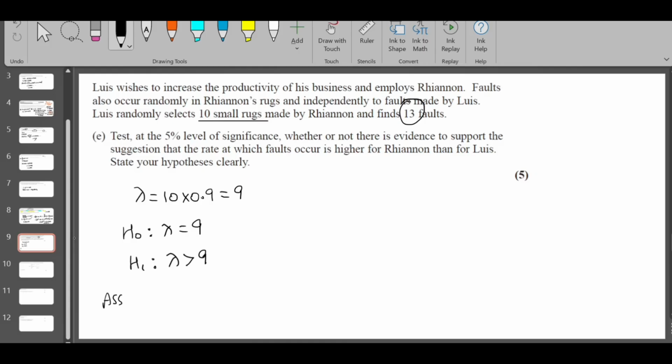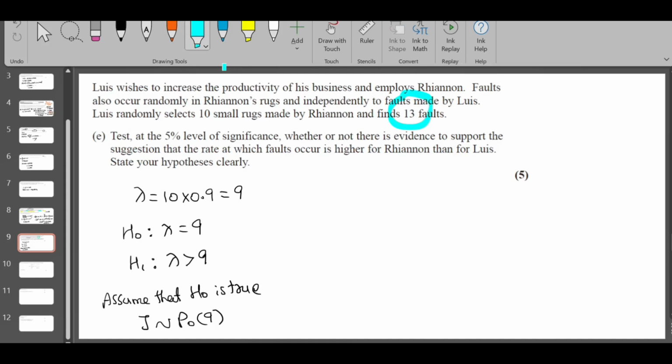So we need to assume that H0 is true. That means the variable follows Poisson distribution of 9. Now we need to use the observed value 13 and apply the upper tail test. So it's P of X greater than or equal to 13, which is 1 minus P of X less than 13, or less than or equal to 12. Let's get this value. Lambda is equal to 9, x is 12.